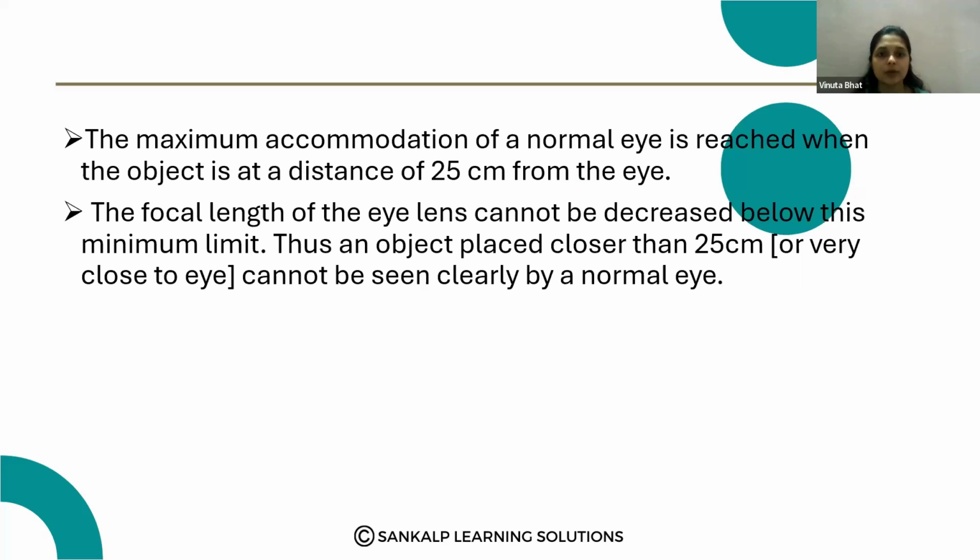The maximum accommodation of a normal eye is reached when the object is at a distance of 25 centimeter from the eye. The focal length of the eye lens cannot be decreased below this minimum limit. Thus, an object placed closer than 25 centimeter or very close to the eye cannot be seen clearly by a normal eye.